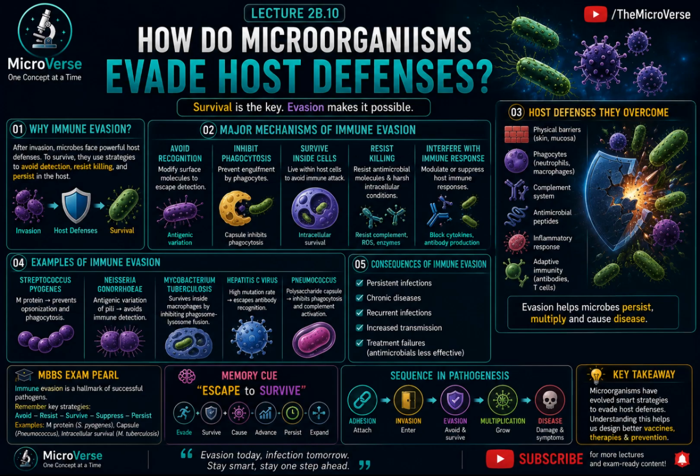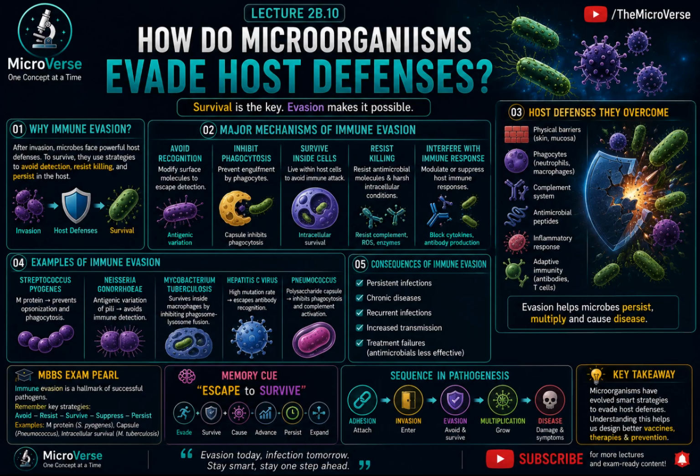The capsule can interfere with effective opsonization and phagocytic uptake. Encapsulated organisms such as Streptococcus pneumoniae, therefore, have an important advantage against host phagocytic defenses. So remember, the capsule reduces phagocytosis.